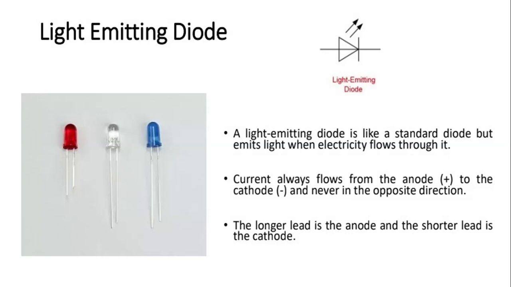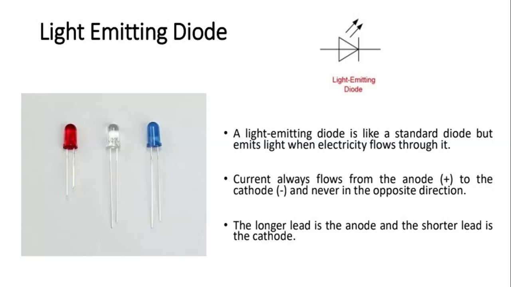Current always flows from the anode to the cathode and never in the opposite direction. We can see here the different colors, and different colors have their own conducting voltage. As per the conducting voltage, we have to connect that particular LED through a resistor.